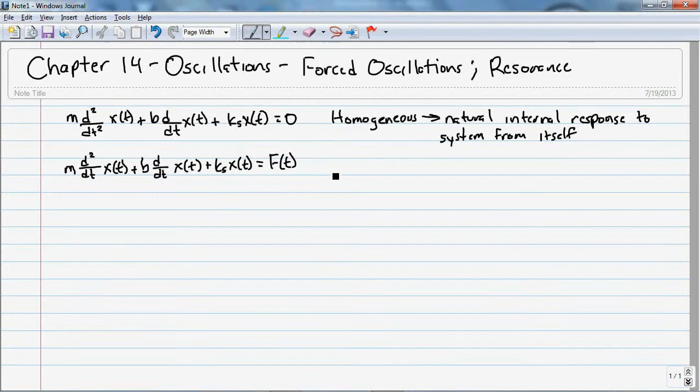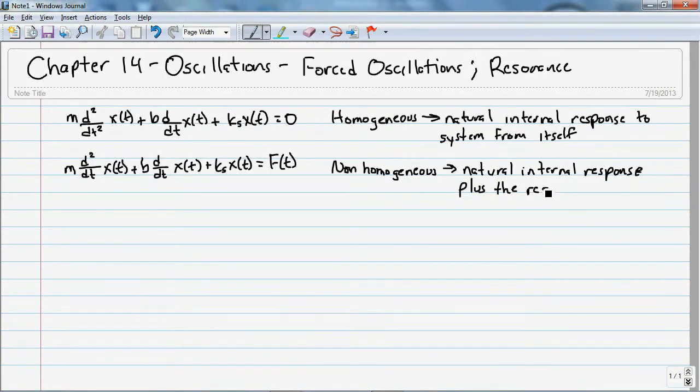And now this is the non-homogeneous equation, and it's going to include the natural response plus the response to the external force.